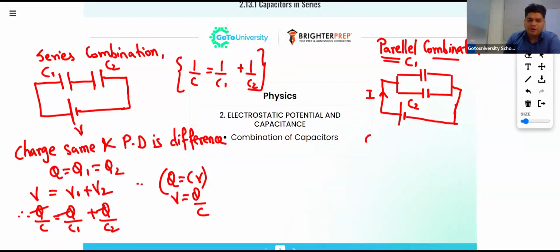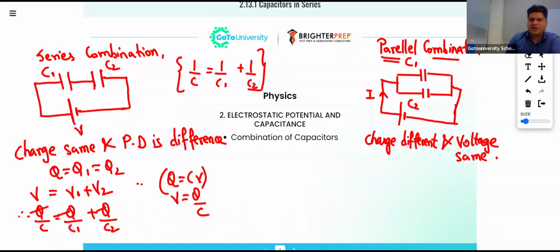Here just remember, charge is different, and what is same? Same is voltage. Charge is different, that means Q is equal to Q1 plus Q2, and voltage is same, that means V is equal to V1 equals V2.